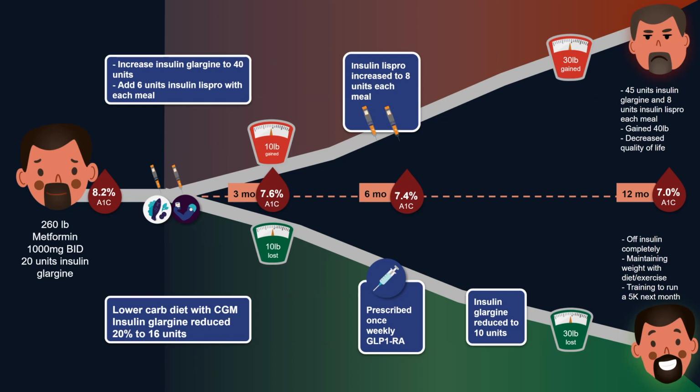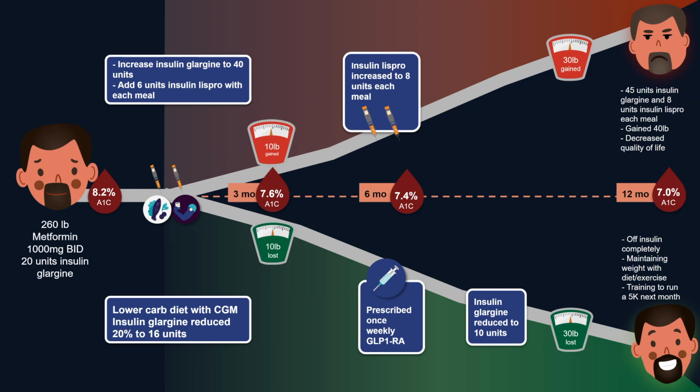Because he's starting with a lower carbohydrate diet and not that well controlled, we're going to reduce his insulin by about 20% down to 16 units a day instead of 20. And we're going to follow his CGM closely to make sure that we cut it enough to not make him go hypoglycemic. 3 months later, he's lost 10 pounds and his A1C is 7.6.